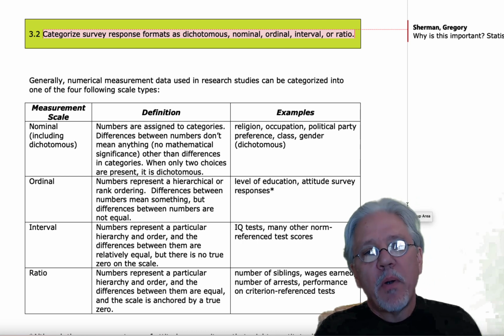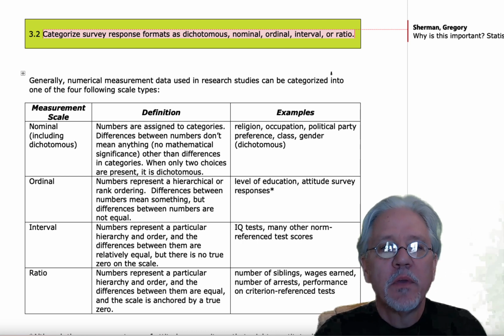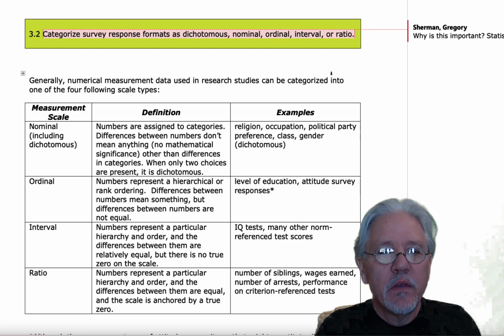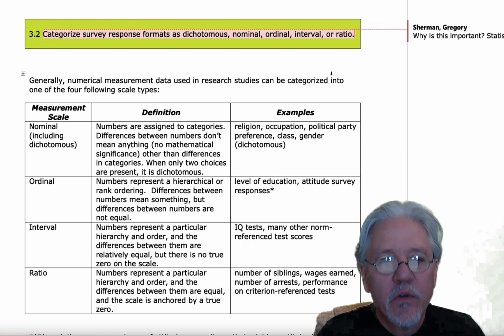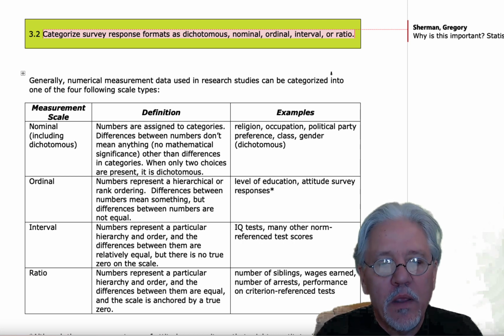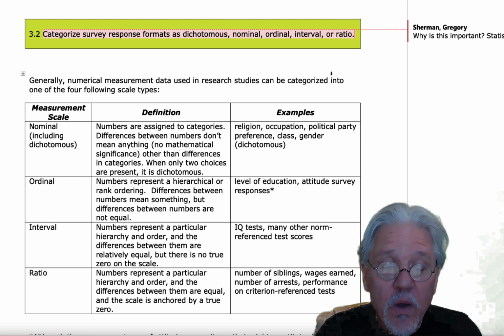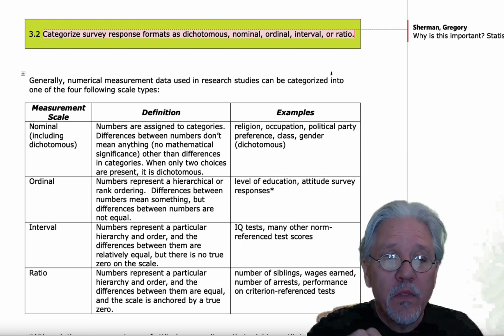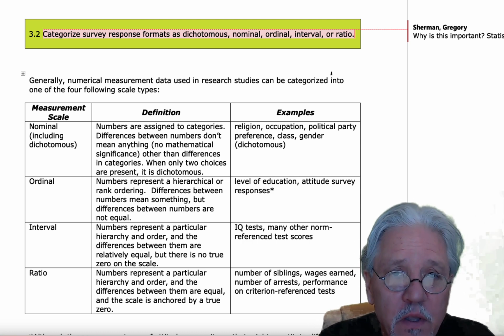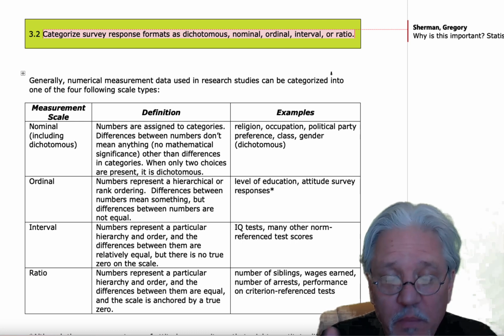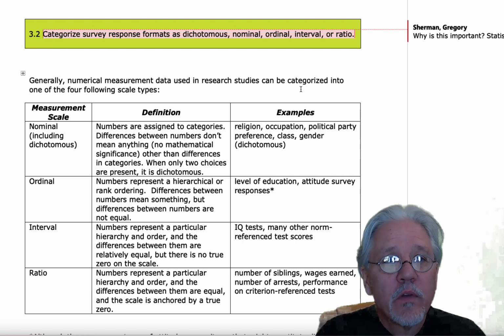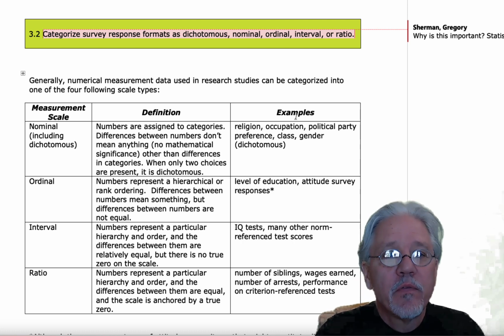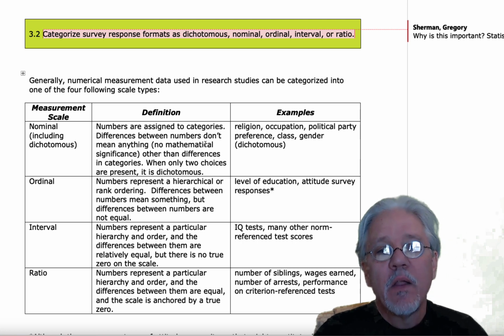Then for part 3.2, I wanted to communicate the reason why you need to categorize response formats, like if you're doing surveys: the type of data you collect from a survey or something like that will inform the type of analysis you need to do when you analyze the data.